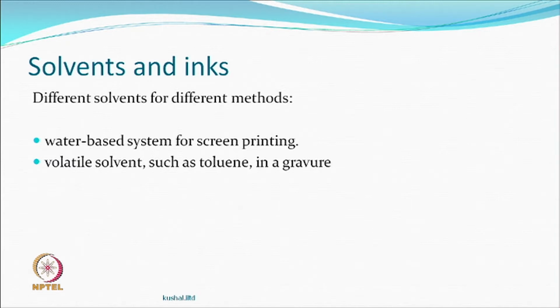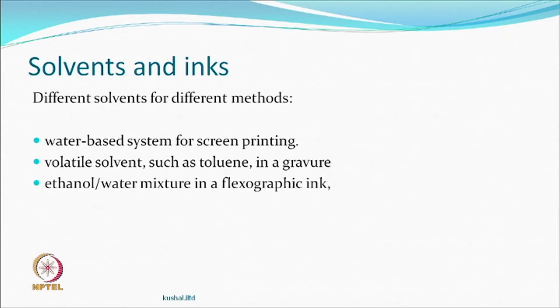We do not use benzene anymore, you know why? Yeah, it is carcinogenic. So, benzene can only be used for research purposes, it cannot be used for any commercial product. So, toluene is as good, it is just the next derivative. For flexo, people use ethanol water combinations, medium, and for litho, people may use a drying oil which can dry easily, but it is all oil, as you know.